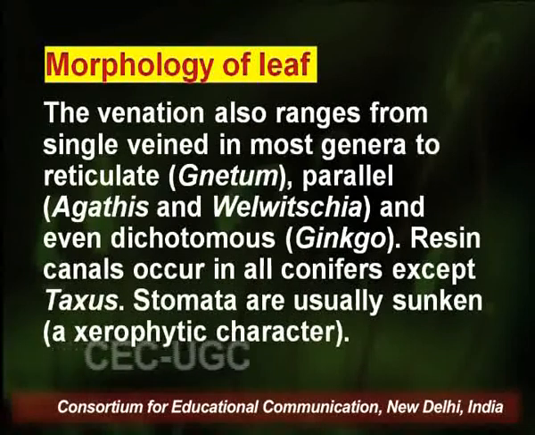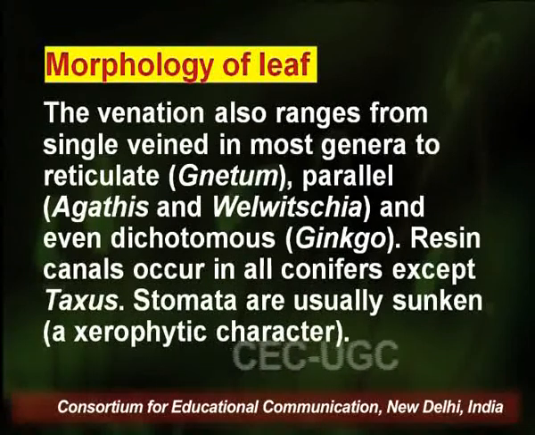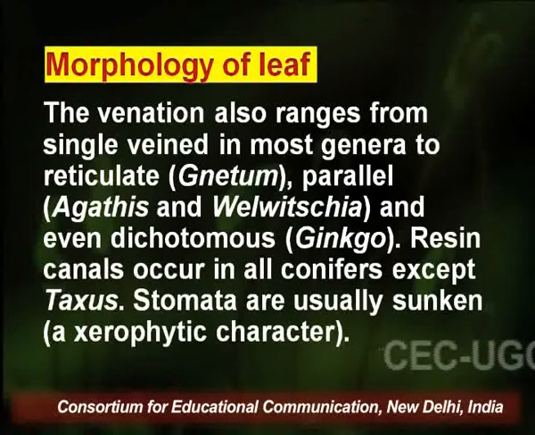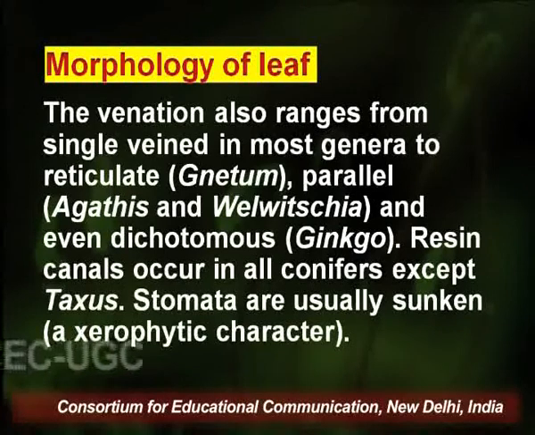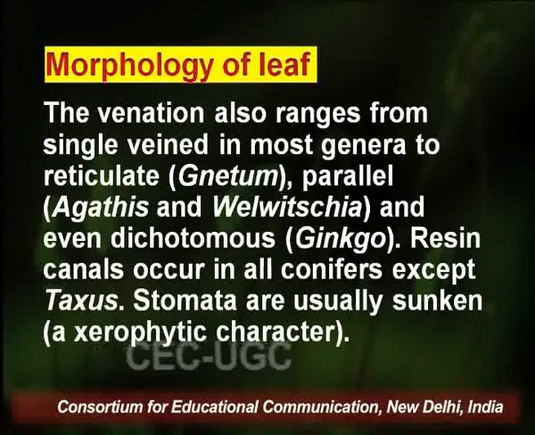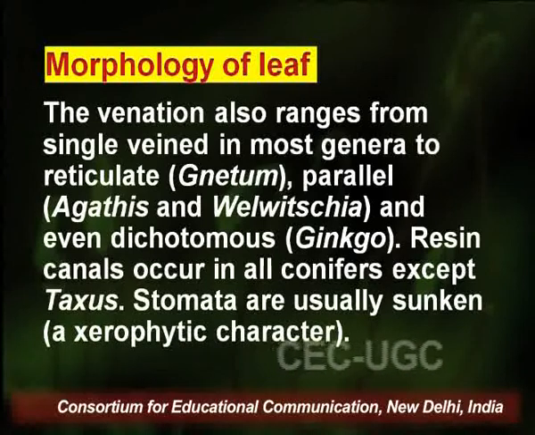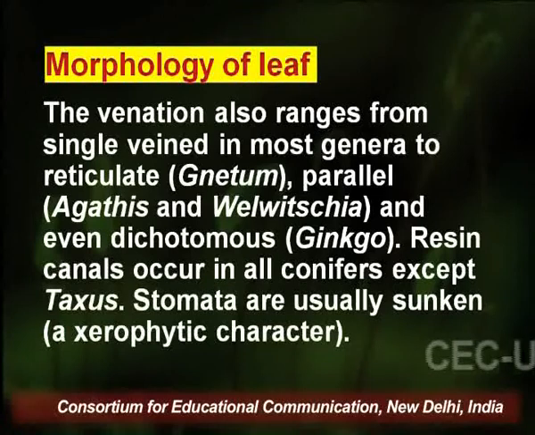The venation also ranges from single veined in most genera to reticulate in case of Gnetum, parallel venation in case of Agathis and Welwitschia, and even dichotomous veins in case of Ginkgo.